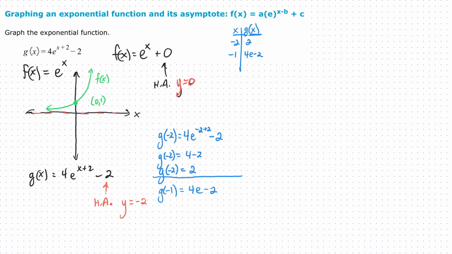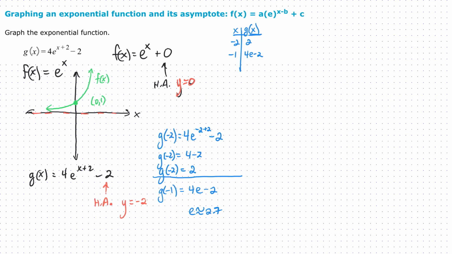You could either type that into a calculator or you could approximate it. Remember, e is about what? E is really about 2.7. So in some cases, it might help you to just round that to 3. And if you round that to 3, that looks like it's going to be 12 minus 2, so around 10. Probably a little bit less than 10, so it's probably 9 point something. I am going to go ahead and type this in the calculator just to be more accurate.